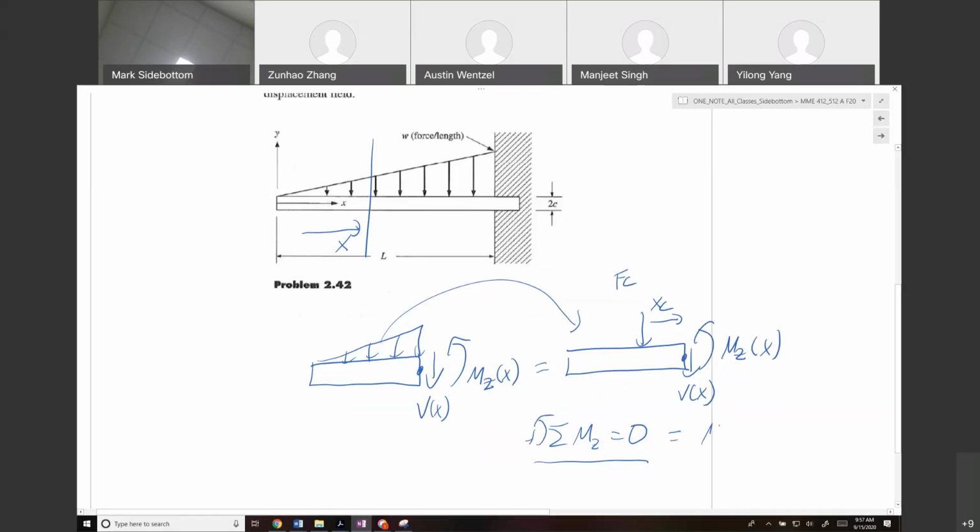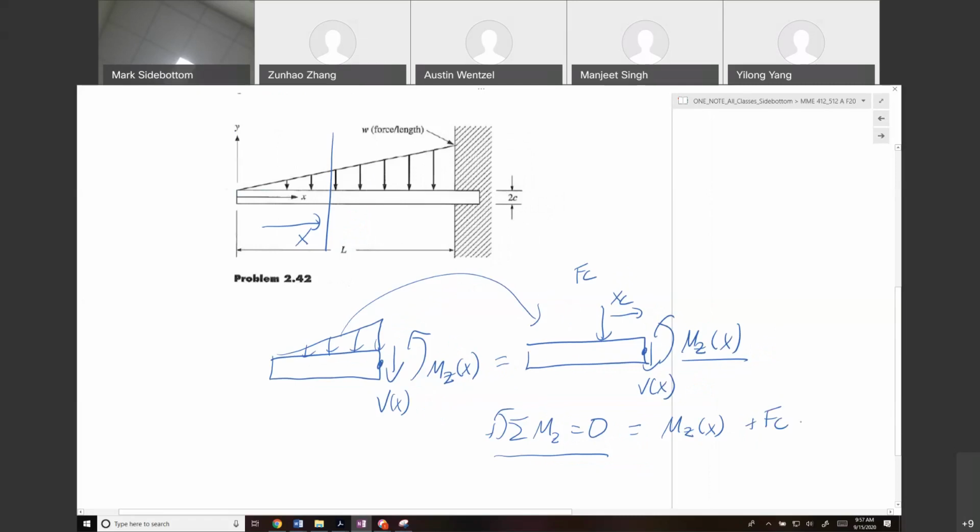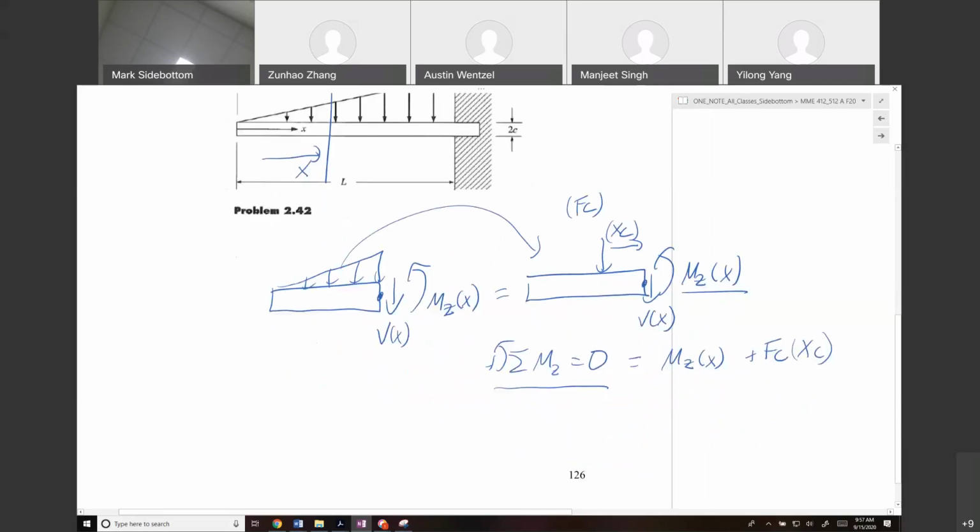Say Mz of x is going along the positive direction, and that's going to be equal to plus our concentrated force times the moment arm xc. We can rearrange this, and say that Mz of x would be equal to negative concentrated force times xc.